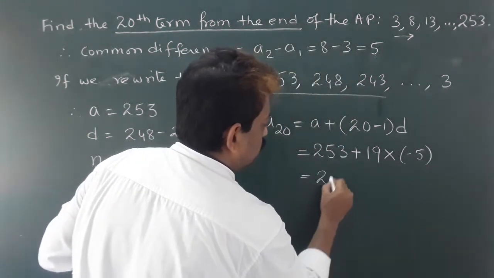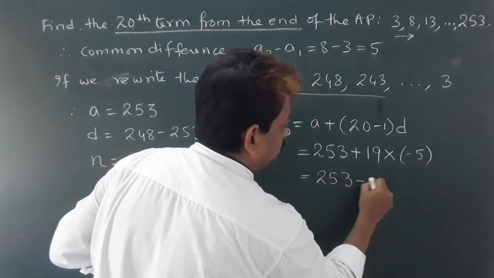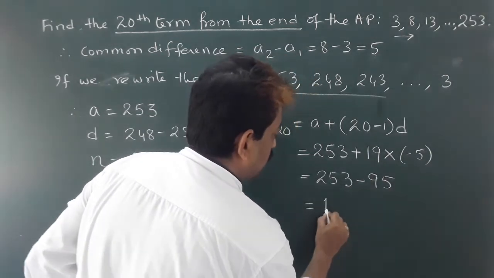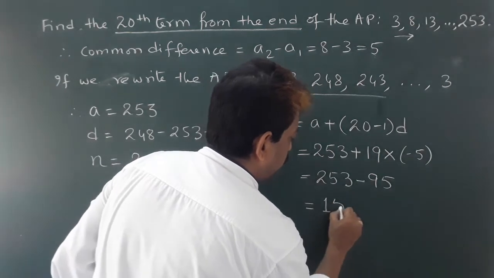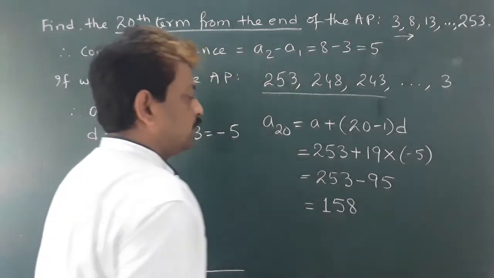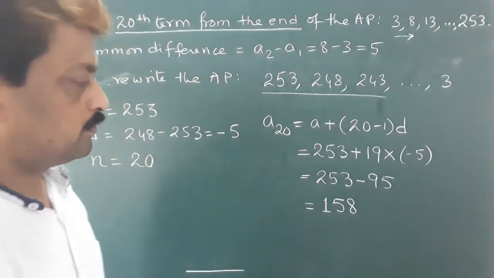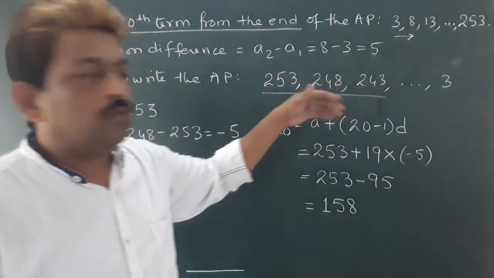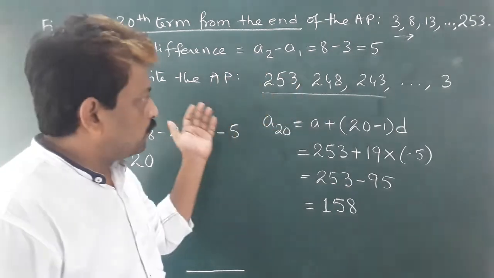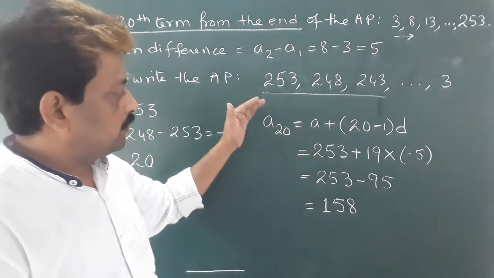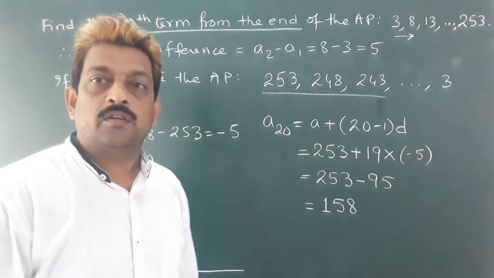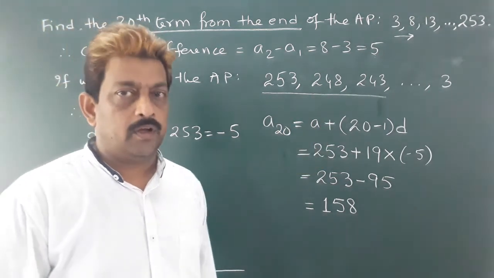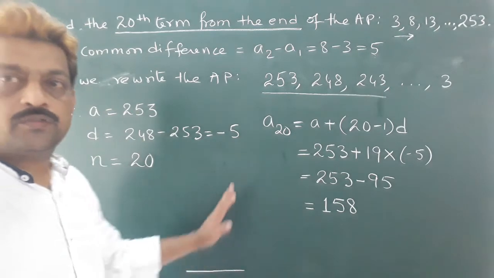Therefore, 253 minus 95, so it is 158. So the same AP was rewritten, and then the desired term was calculated using the general formula. Understood? Hope you have understood this sum.